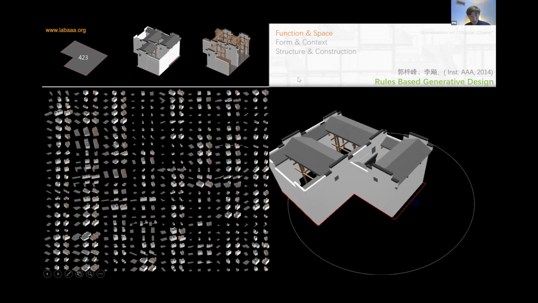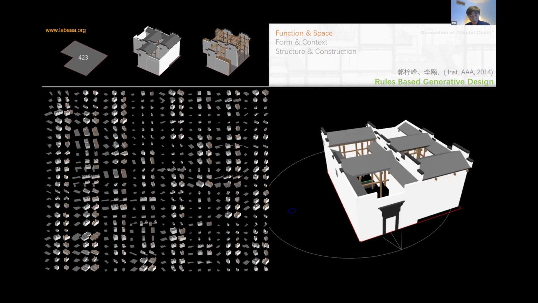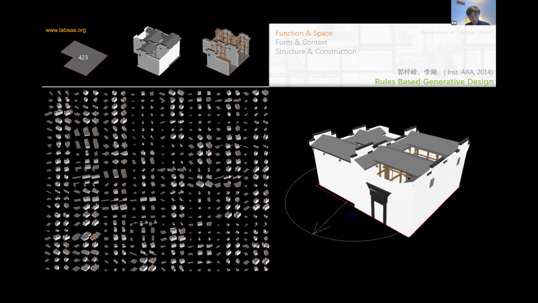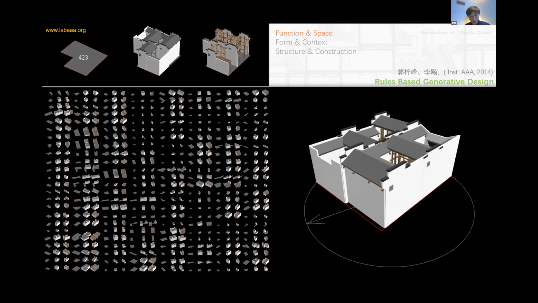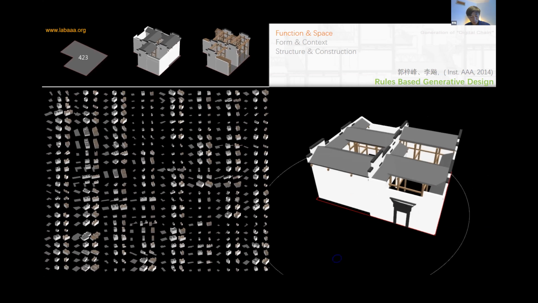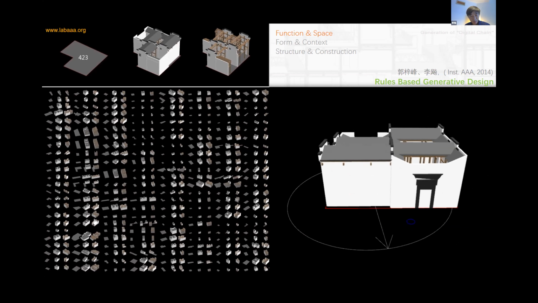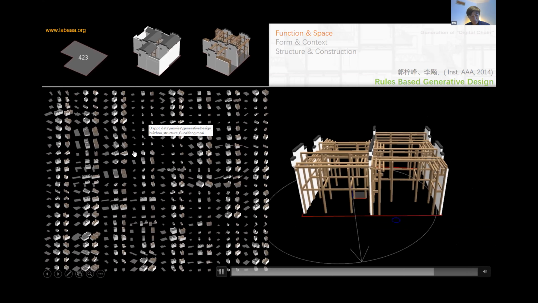So we made such a tool, on the right, and you can define the shape of the plots, and you drag the red line of the plots, and then you will get a suitable layout of courtyard. So on the left, we present many such achievements.